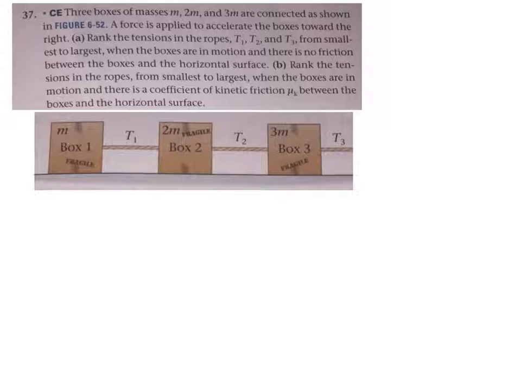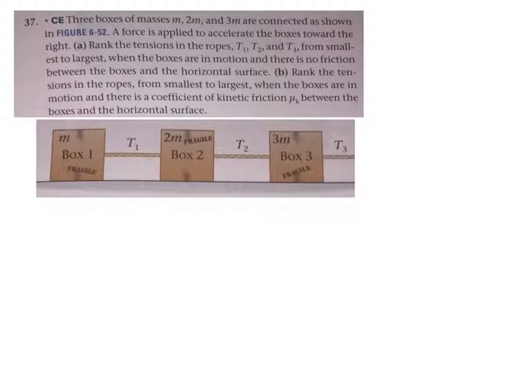And what we'll see pretty quickly here is that intuitively, T3 has to be more than T2, which has to be more than T1. The reason for that is that T3 needs to essentially accelerate the entire collection of things, so it has to accelerate all 3 boxes.